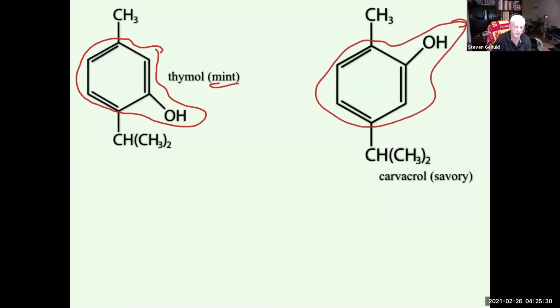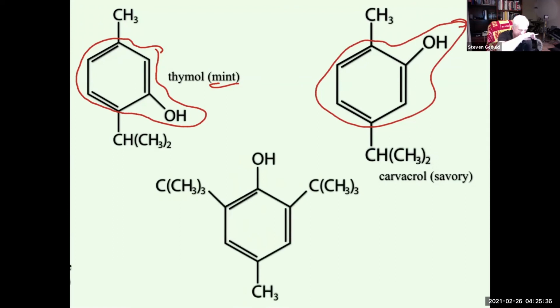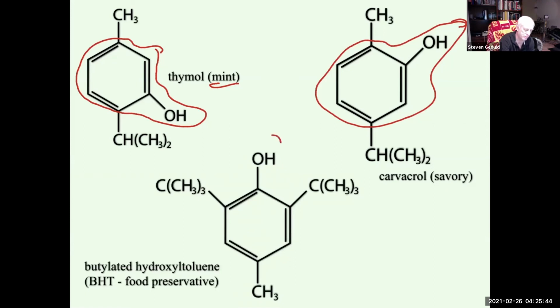That's your phenol, and then you got attachment on both sides. It's a savory flavor. And butylated hydroxytoluene is a preservative in food. Again, you see your phenol group, and you see your attachments to it. Okay, the more carbons are attached, the less water soluble it becomes.